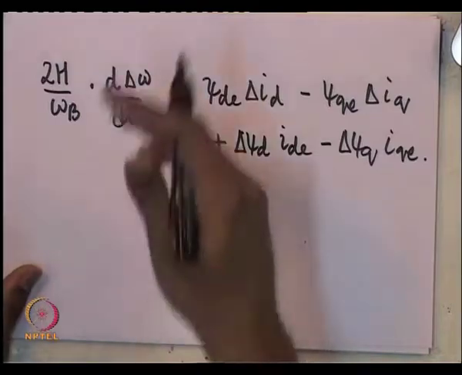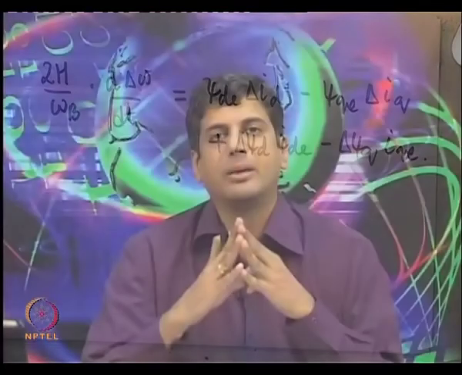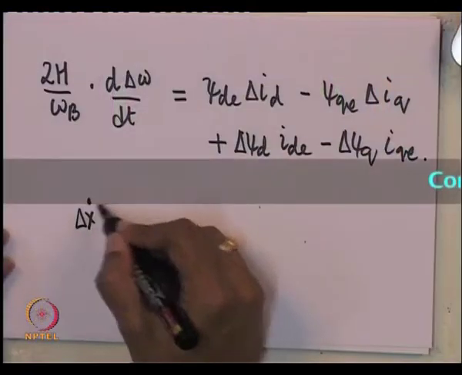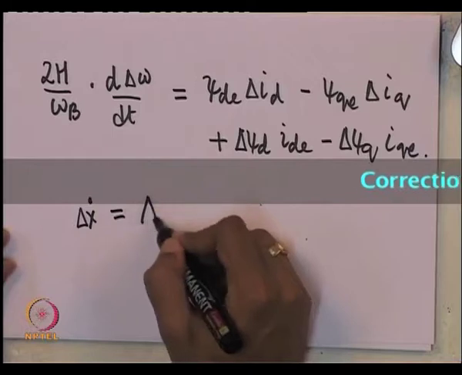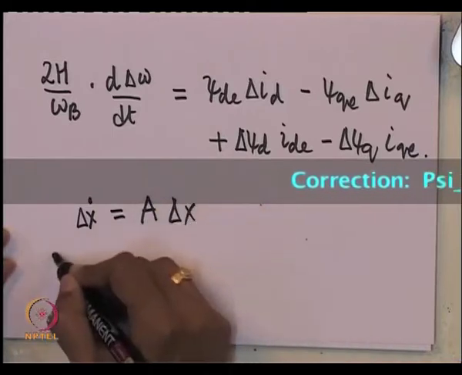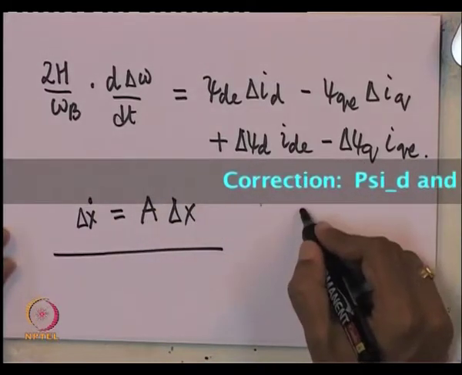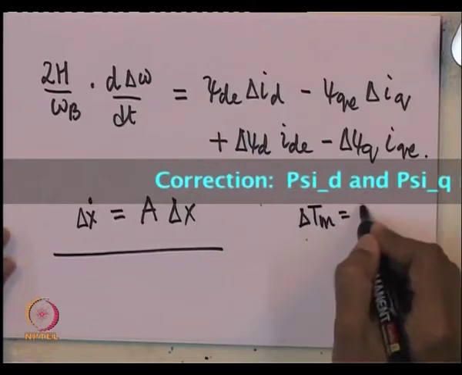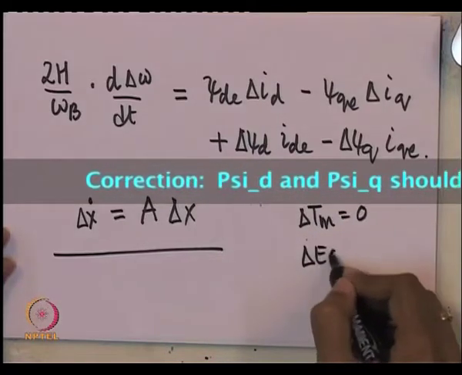So, what you eventually get is you have to couple, of course, the mechanical and electrical equations, the flux equations are coupled. So, finally, what you will get is going to be delta x in the linearized states, assuming of course, delta T m is equal to 0 and delta E f d is equal to 0.